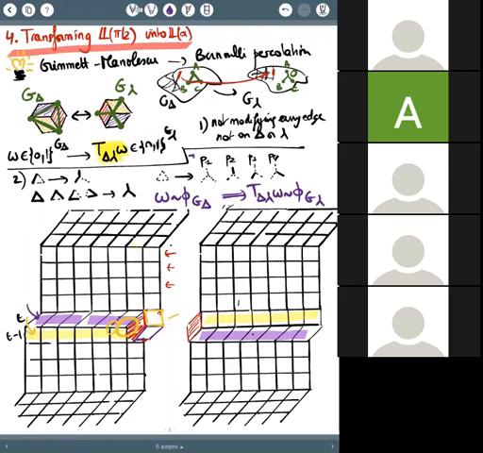In fact, the formulas are extremely explicit, but I don't want to enter into the discussion here. There exist P1, P2, P3, P4 such that if omega is Bernoulli percolation on G triangle, then T star triangle of omega has the law of Bernoulli percolation on G star.